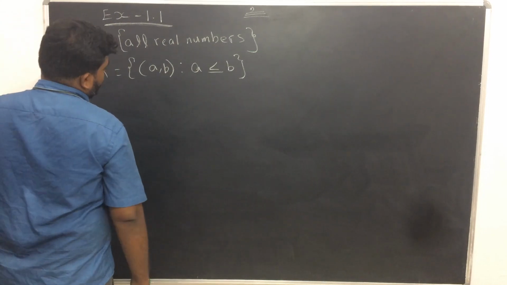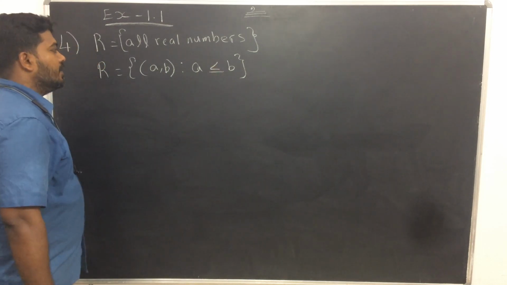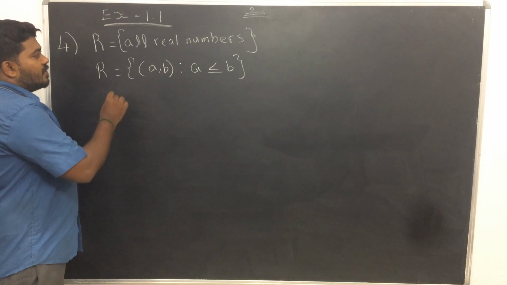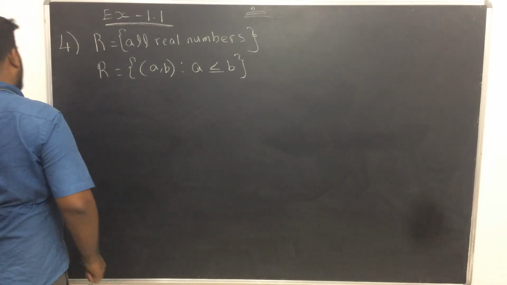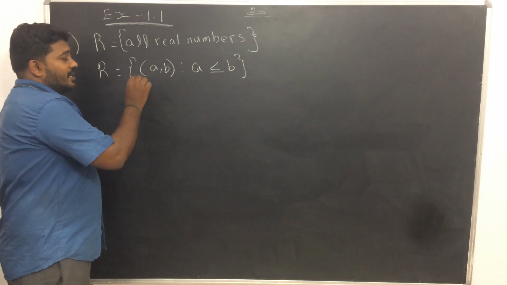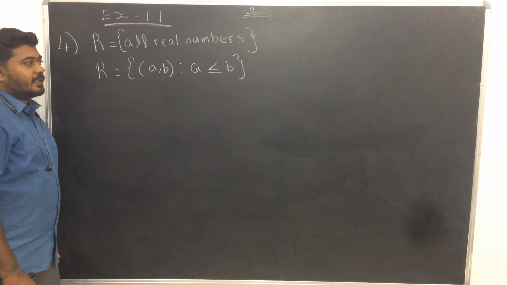The condition given for the relation is that A has to be less than or equal to B. We are asked to prove that this relation is reflexive and transitive but not symmetric.